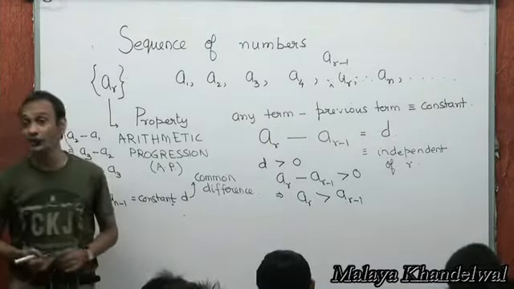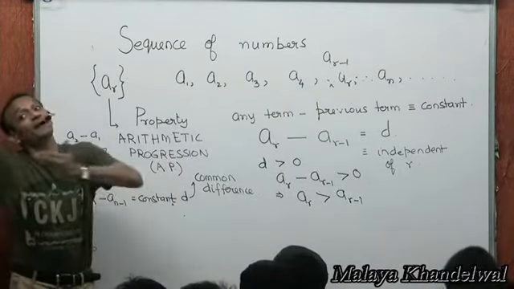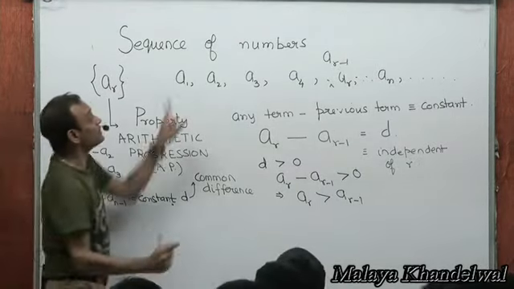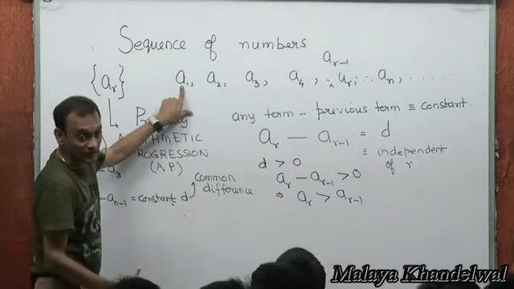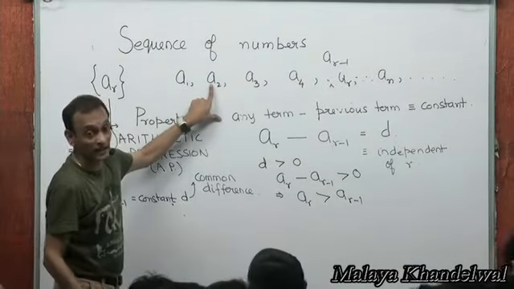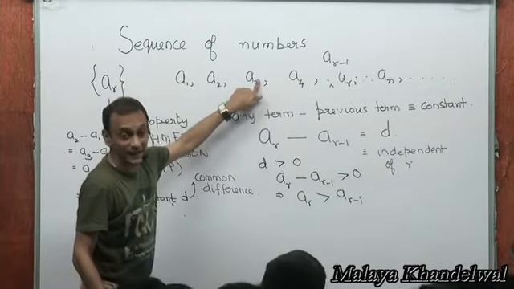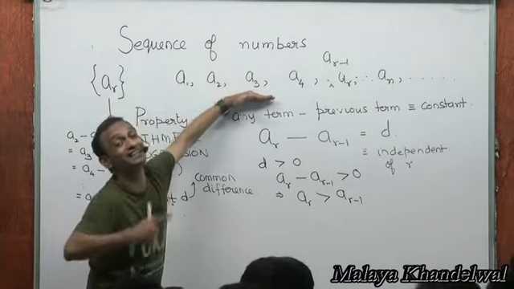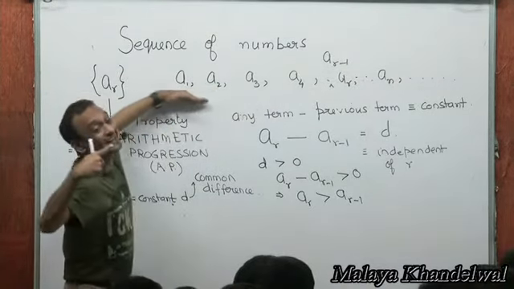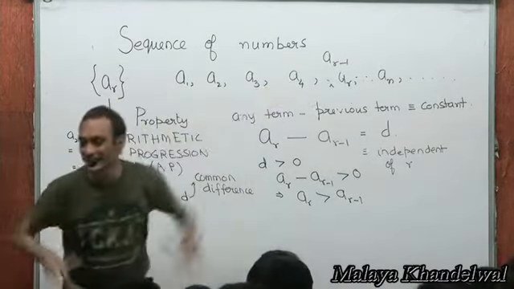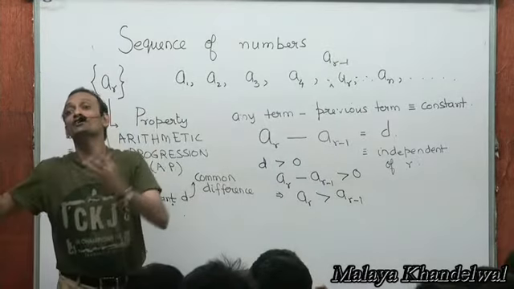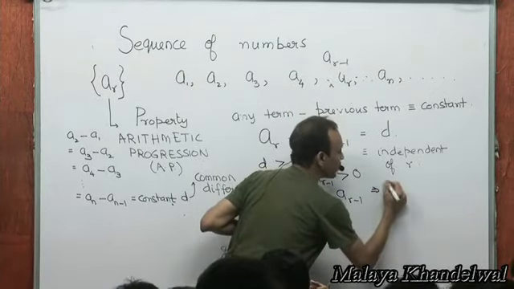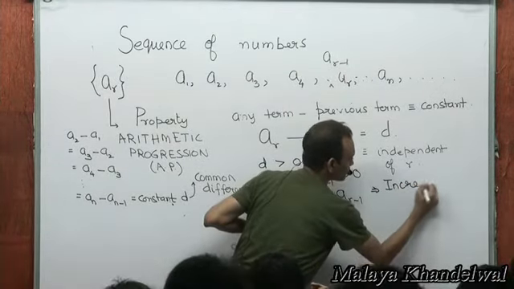That means any term will be bigger than the previous term. That means A2 will be bigger than A1, A3 will be bigger than A2, A4 will be bigger than A3, and so on and so forth. That means this set of numbers increases in value. If D is positive, it's an increasing sequence. I hope all of you understand this.